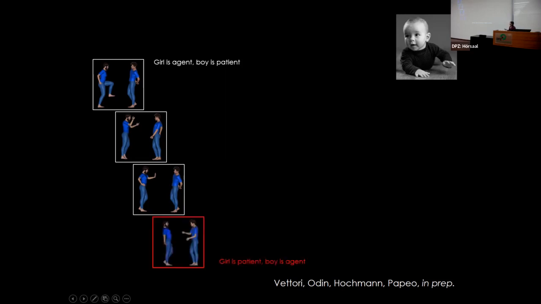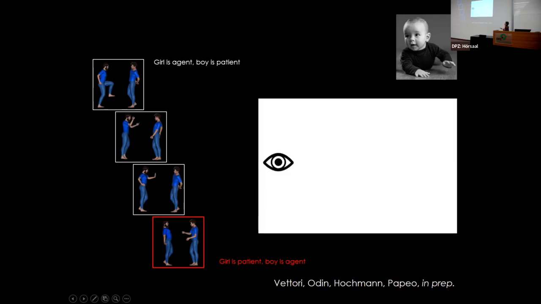And all of a sudden, this configuration changed, and now the girl is the patient and the boy is the agent. Keep in mind that we always change the body posture, but agent-like and patient-like were defined as a category. We measured pupil dilation as an index of surprise.